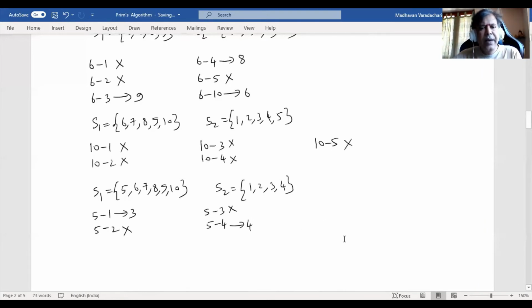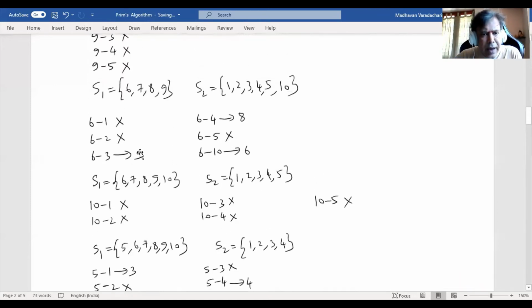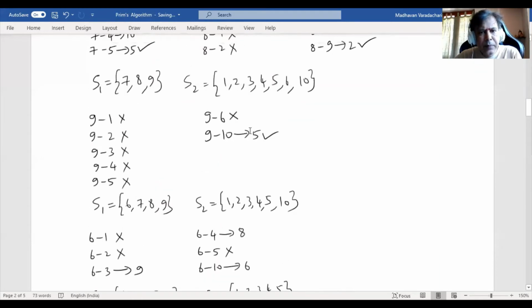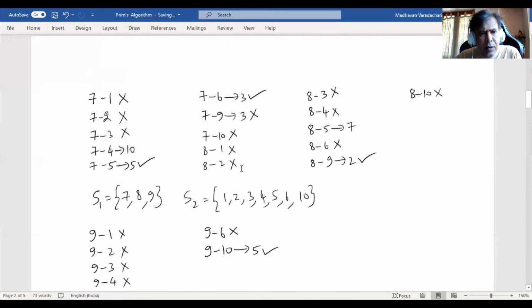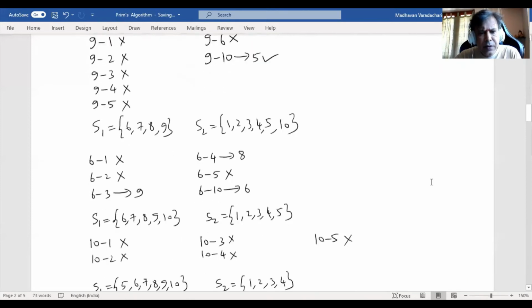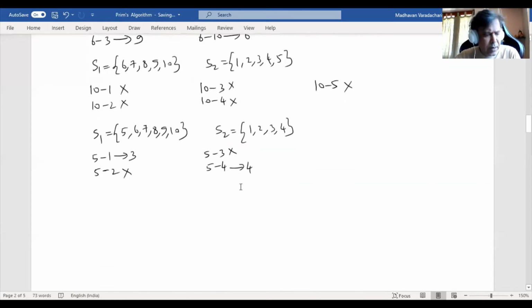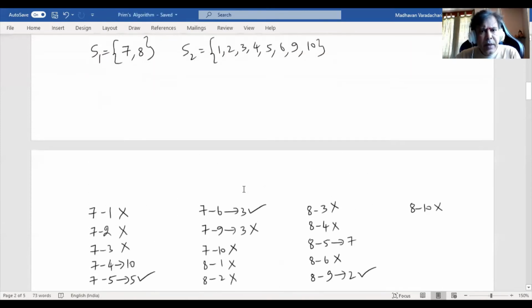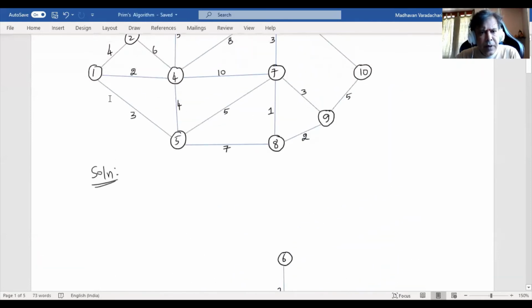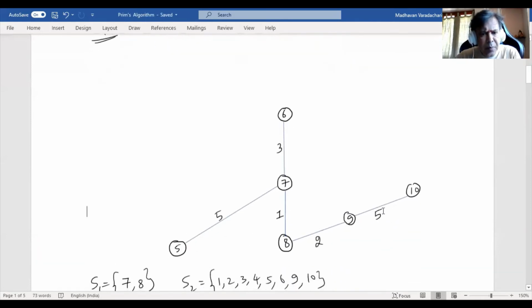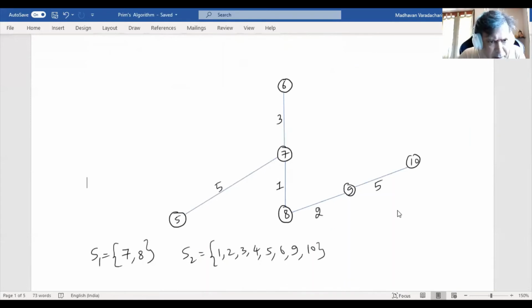Now, let us identify the least. 3, 4, then 9, 6, 8, then we have 10, 7. So till now, whatever numbers we had seen, we found 3 is the least. So what is that 3 here? 5 to 1 is there. Is that possible? Yes, it is possible. 1 is here. So I can put a circle over there for vertex 1.